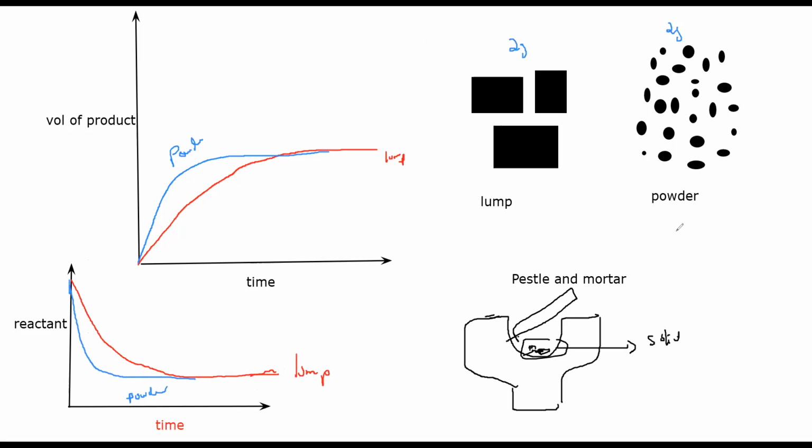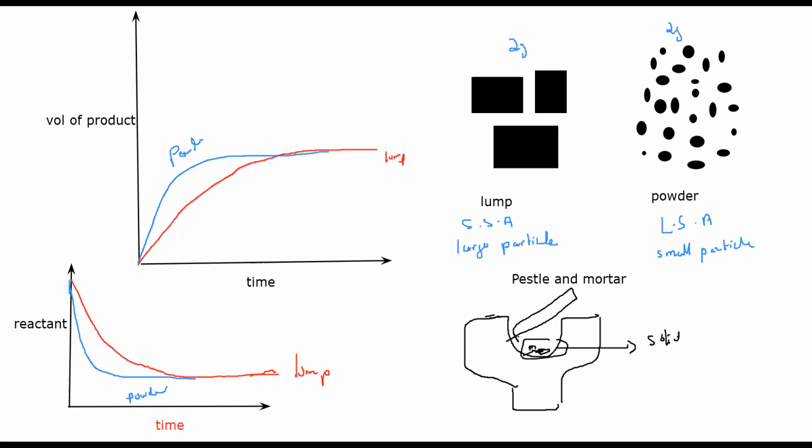Powder form will have a large surface area and it has small particle size. The size of the particle is small, but the surface area which is exposed is large. Lumps have a small surface area. In short, I'm writing SSA, small surface area, but the particle size is large. Is it clear?